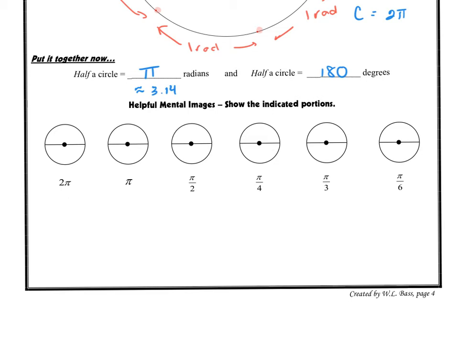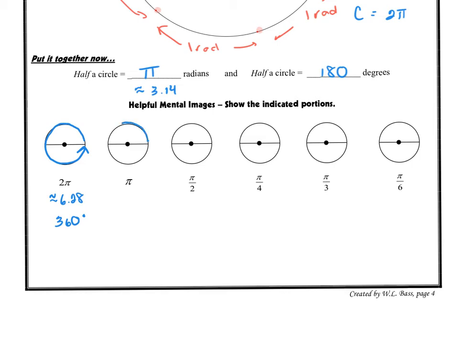So 2 pi, if I think 2 pi radians, what I know is that that's going to end up being approximately 6.28, although we won't work with the decimals a lot. But visually, that means that we have rotated all the way around the circle. So all of these ways of measuring a rotation would be exactly the same. 2 pi, 6.28, or 360 degrees are all the same.